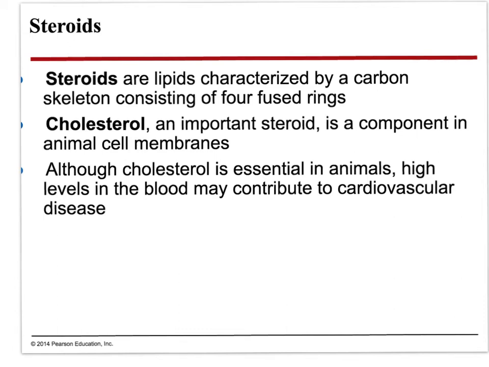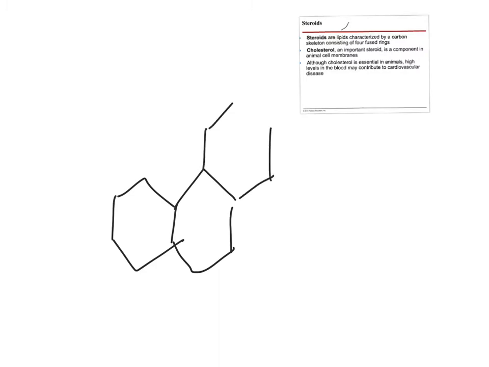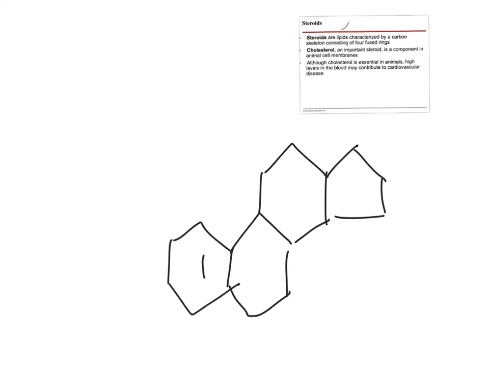All right? They have a carbon skeleton consisting of 4 fused rings. When I was taught this, we were told it has 3 rooms and a bath. Okay? 3 6-member rings. Whoops. Let's minimize that first. Okay? 3 hexagonal rings. 1, that are fused together, 2, 3, and then a little 5 ring. That's your basic structure of cholesterol. 4 fused rings.